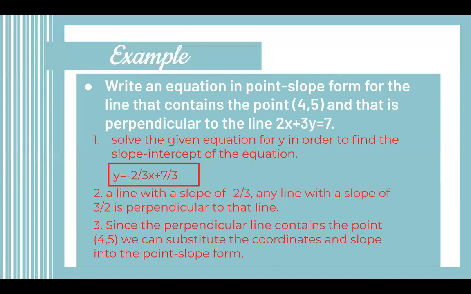I'll just write it down for you guys. So it will be y minus y1 equals the slope m times x minus x1.